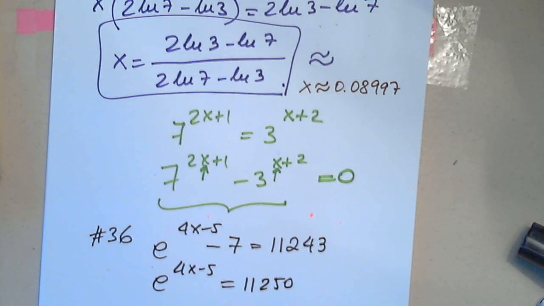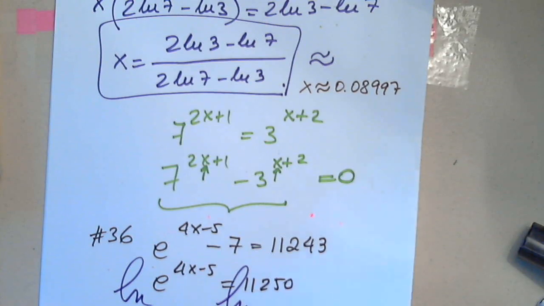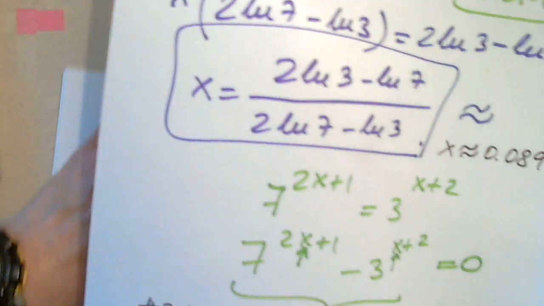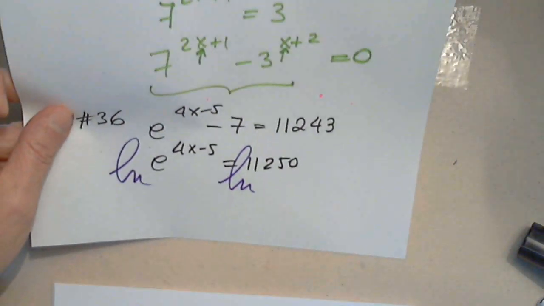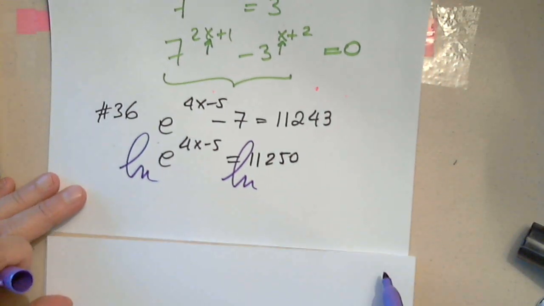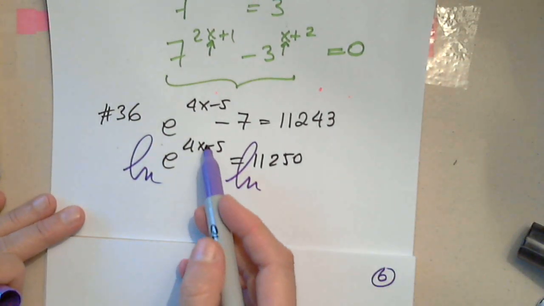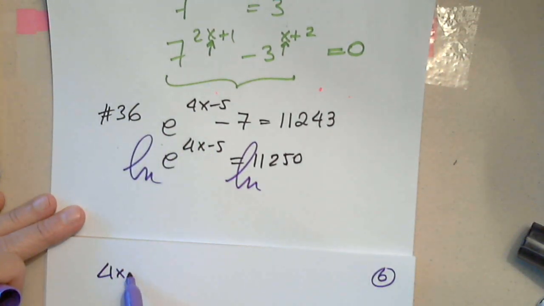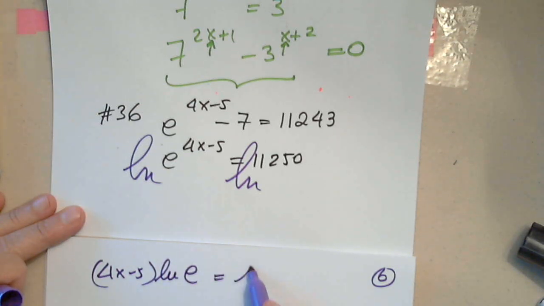Well, my only choice is to apply natural log to both sides, because I can present both with the same base. So then I bring in front: 4x minus 5 times natural log e equals natural log 11,250.